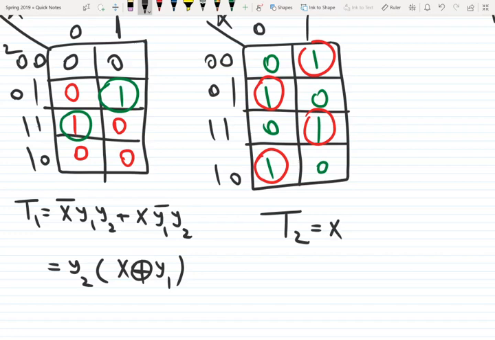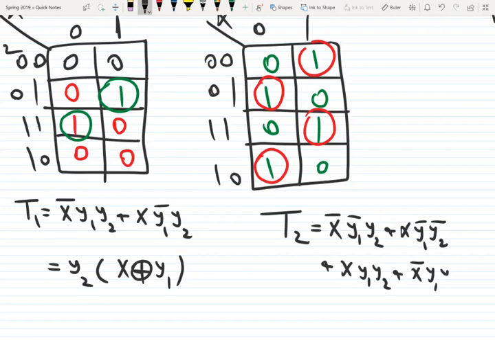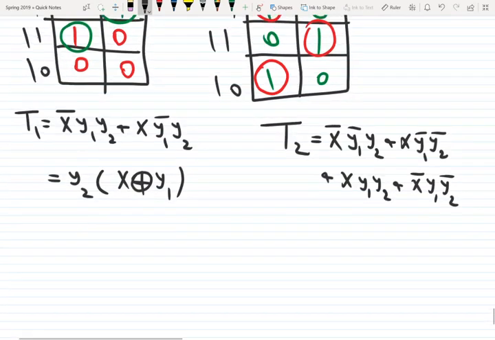So we need to say x bar y1 bar y2 plus x y1 bar y2 bar plus x y1 y2 plus x bar y1 y2 bar. This one is the table.